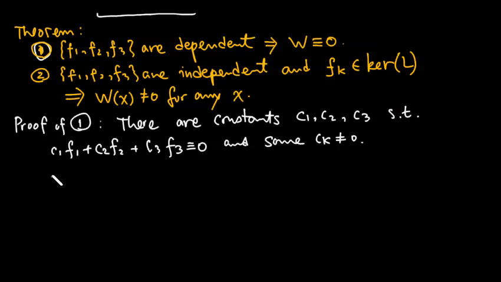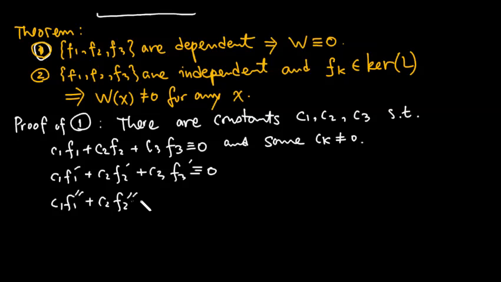We can have a derivative statement like this. Since the c's are constants, if you differentiate one time, this of course remains a 0 function, and you can continue differentiating, and we will stop here. That up to the second derivative is what Wronskian is concerned with. So we have this statement.